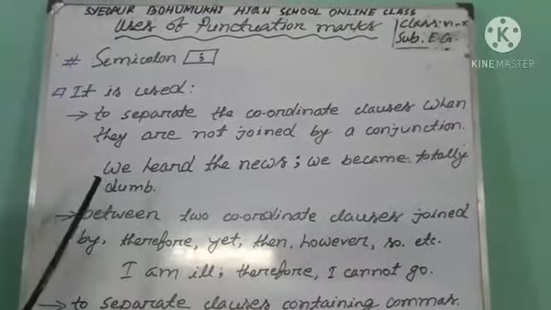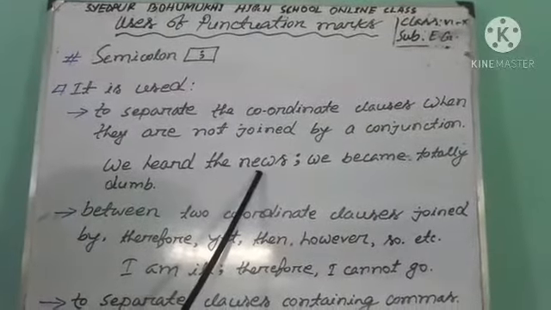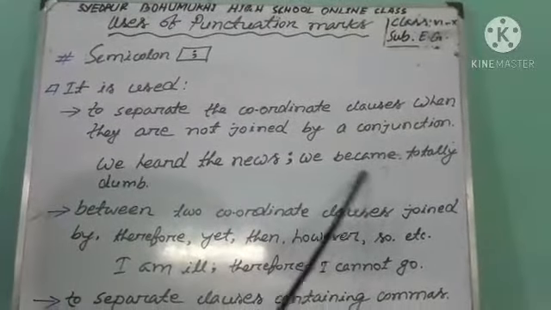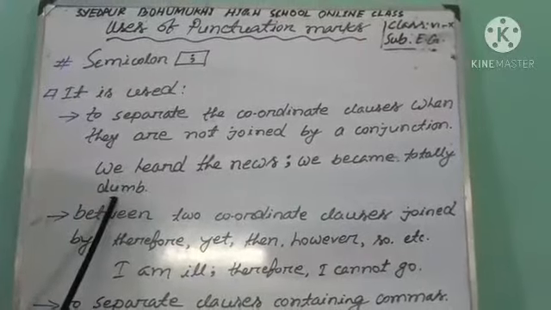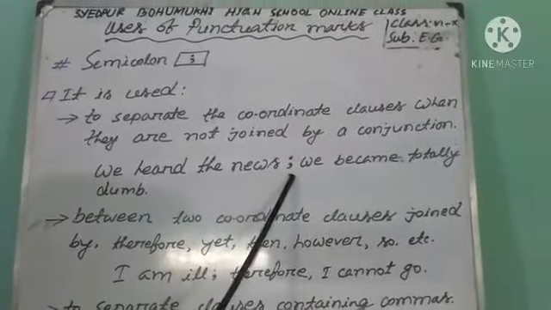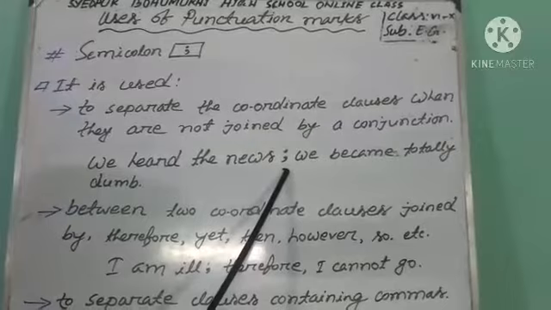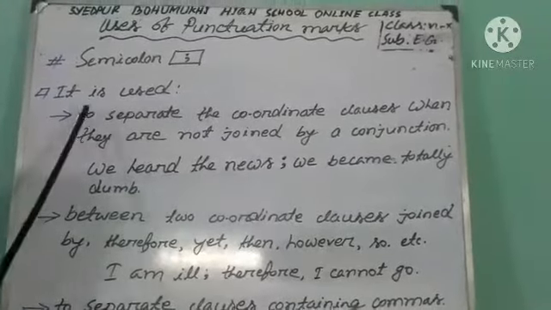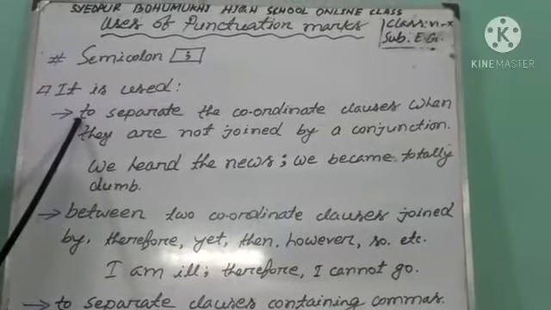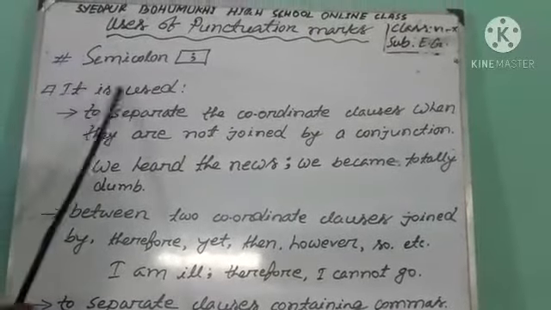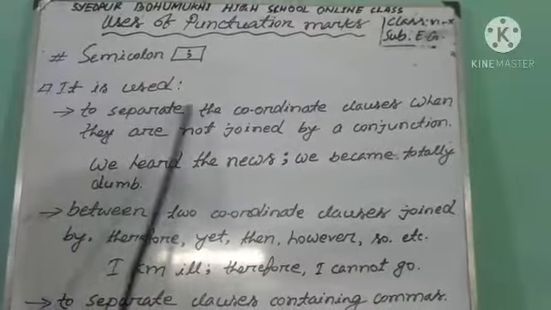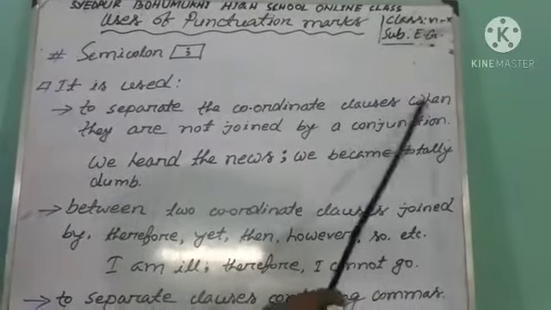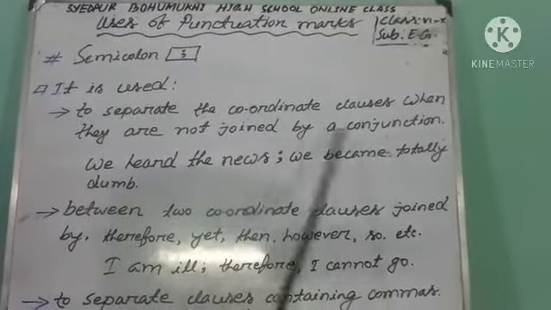For example, we hear the news; we became totally dumb. Between two clauses, we use a semicolon. Why use a semicolon between two sentences? You can see the semicolon is used to separate coordinate clauses when they are not joined by a conjunction.